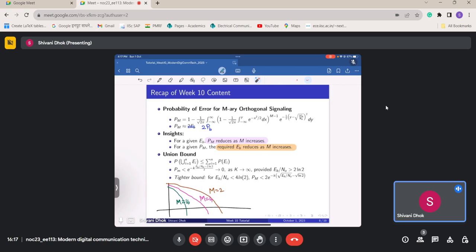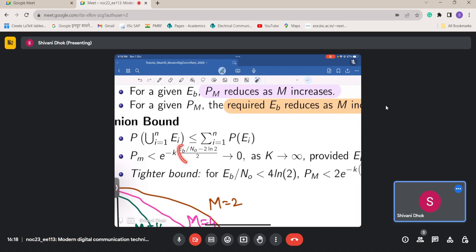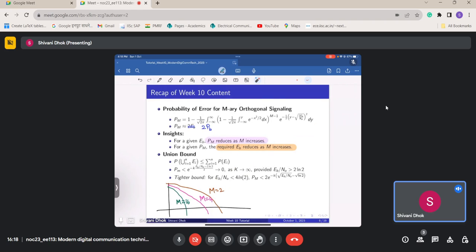After employing that, we derived an upper bound on the probability of error for M-array orthogonal signaling, which came out something like this, and we said that this will tend to 0 as k tends to infinity, but only when this exponent factor is greater than 0. Otherwise it will diverge to infinity, which will give us a trivial upper bound. For that we require EB by N naught to be greater than 2 log 2.